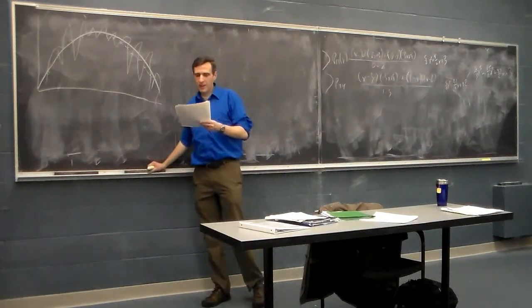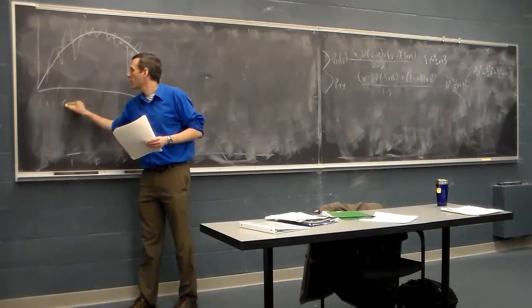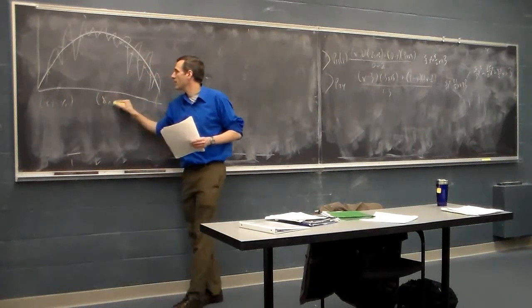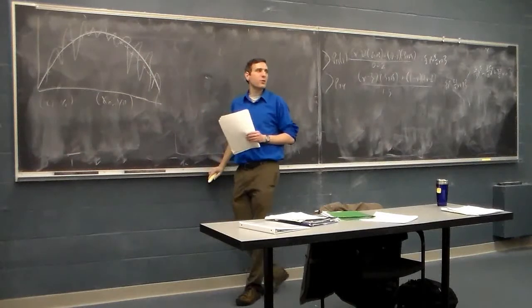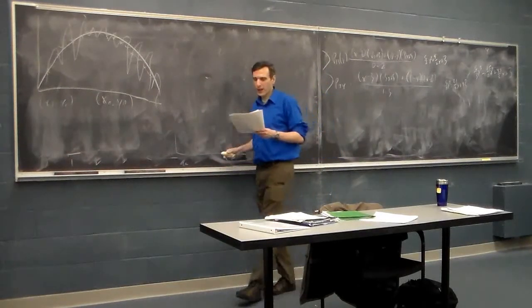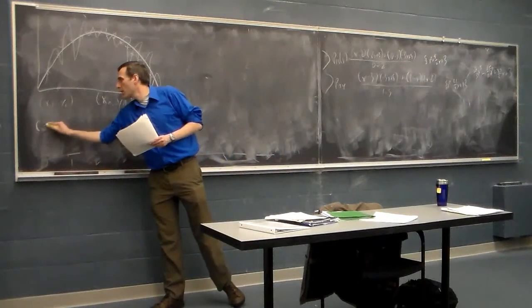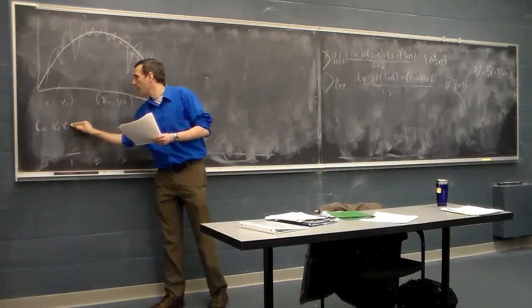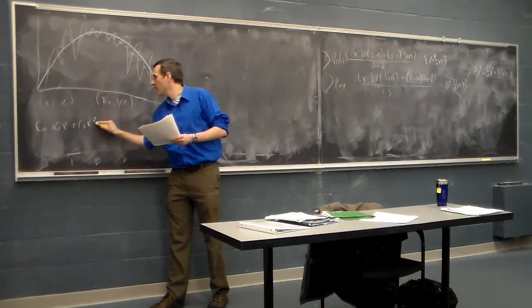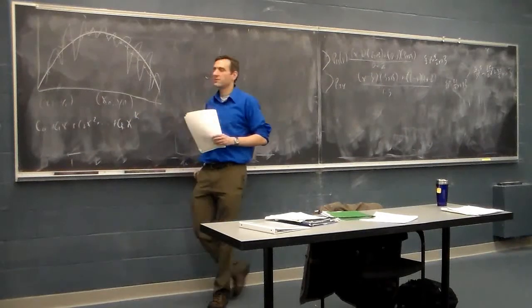So in particular, let's say we've got our set of points. So again, we've got x1, y1 up through xn, yn. And I'm going to assume that what we're trying to do is fit a kth order polynomial for k much less than n. So we're going to try to find a model of the form c0 plus c1x plus c2x squared, etc., up through c sub k x to the k.